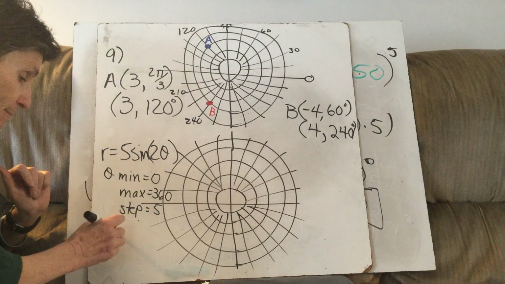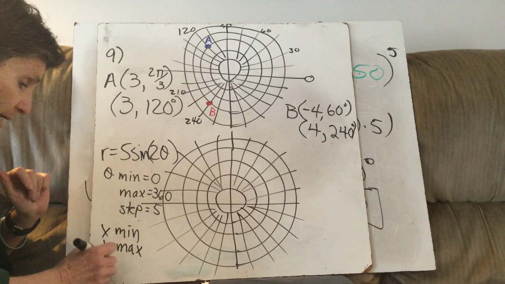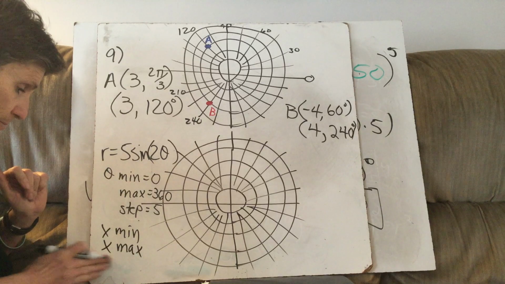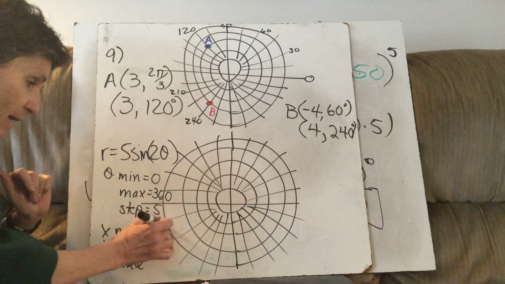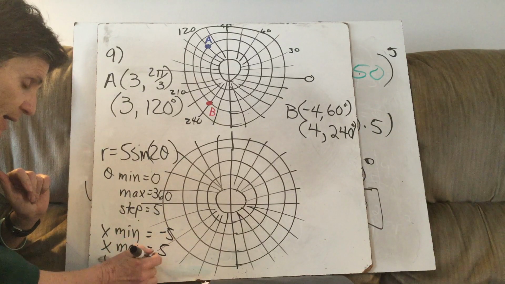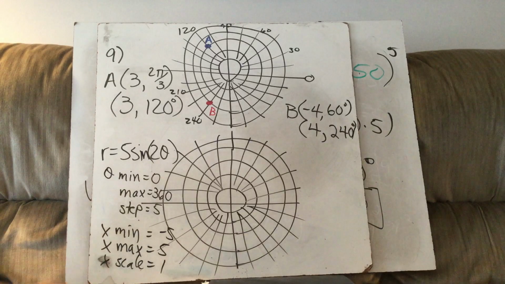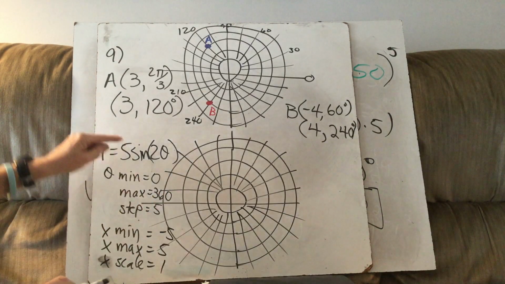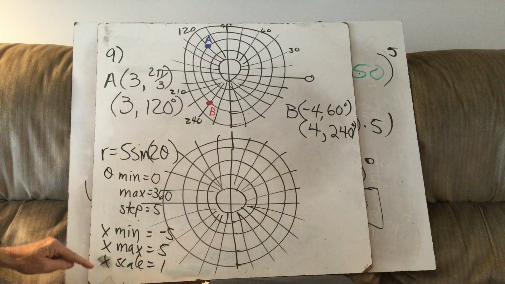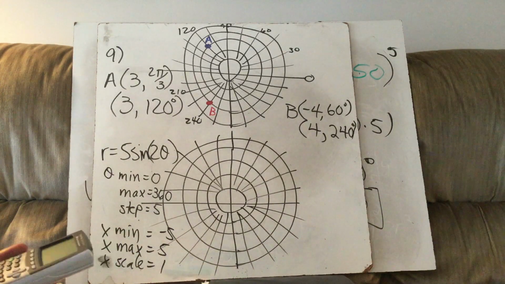Your X min, X max, and X scale should be -5, +5, and 1. And the same for the Y's. So in window, these are the settings that I want you to have. And I'm not going to write down the Y's. The Y's are exactly like the X's.